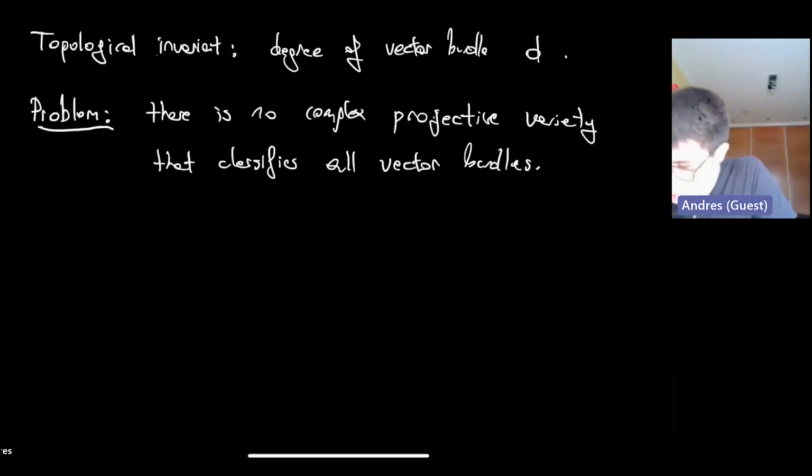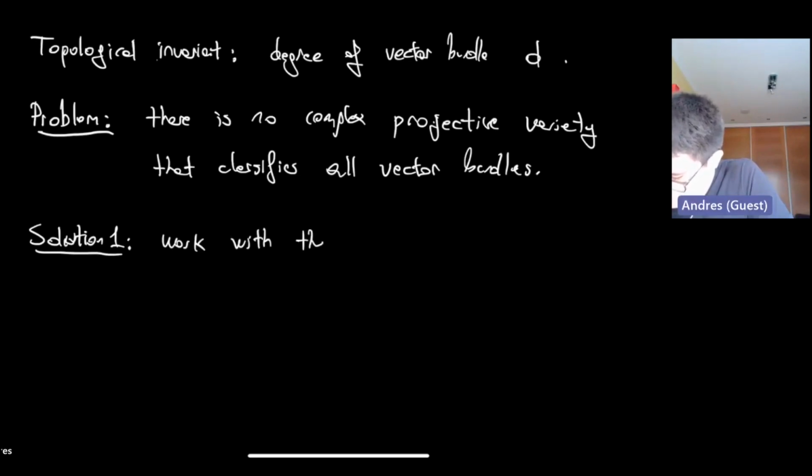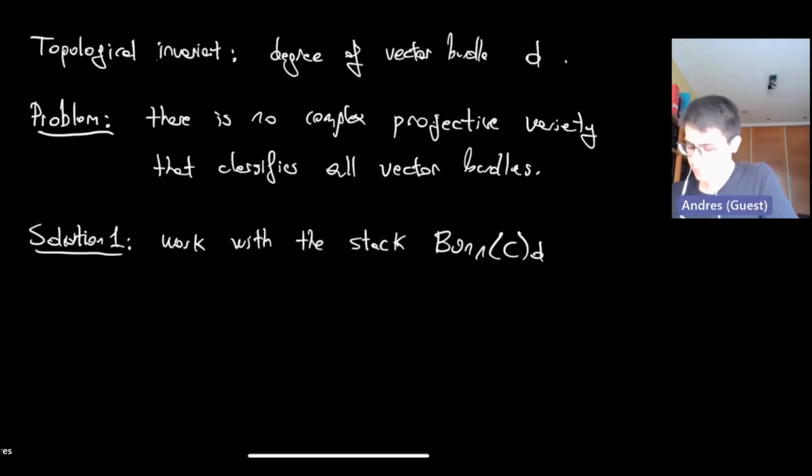And generally, there are two solutions to this problem. So you have solution one: you just work with the whole stack of all rank n vector bundles on the curve of the degree D.